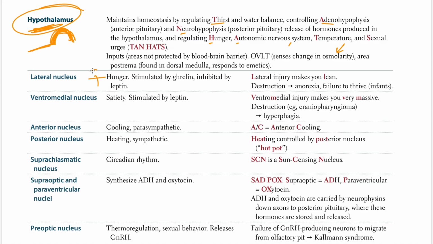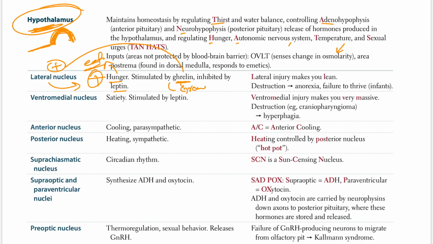It is stimulated by ghrelin, which is inhibited by leptin. If you know the mnemonic, ghrelin makes you grow, right? So ghrelin stimulates the lateral nucleus, which stimulates hunger, and you eat and eat and eat.